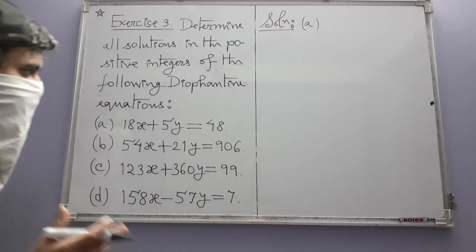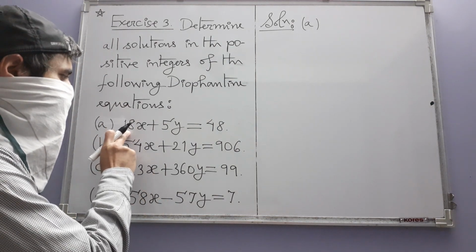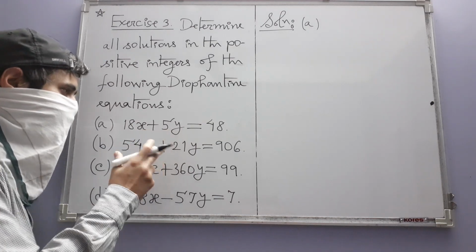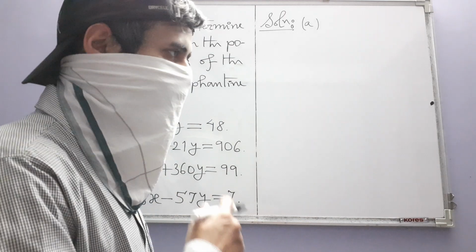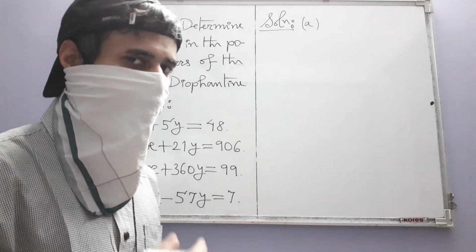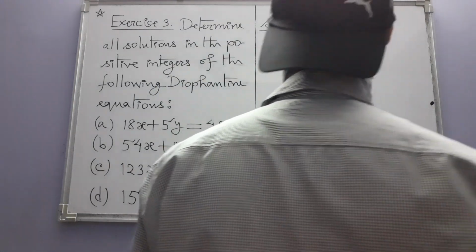So we know the procedure. First of all, we have to calculate the GCD of 18 and 5, which we do by using the standard Euclidean algorithm, where we repeatedly do division. So here are the equations.